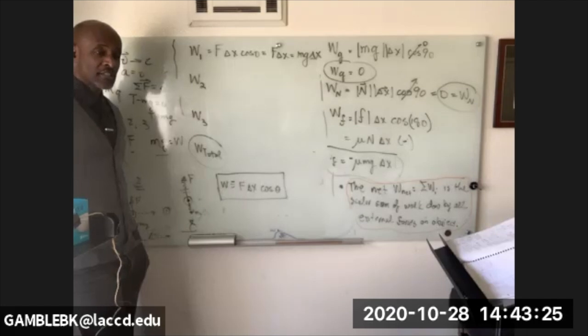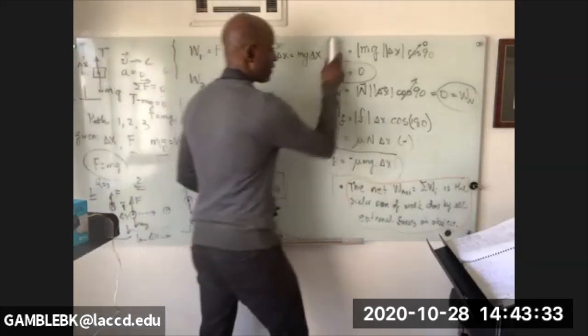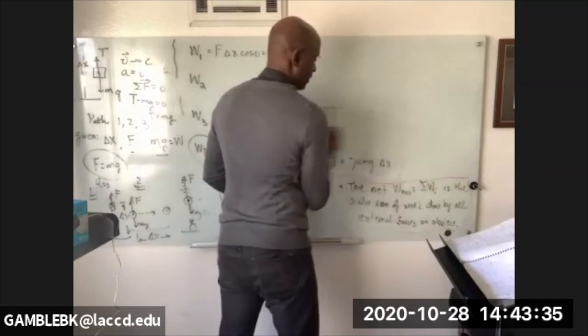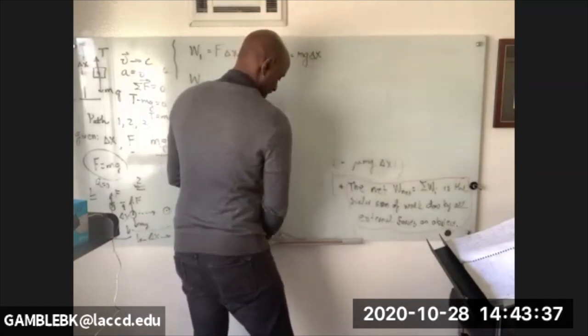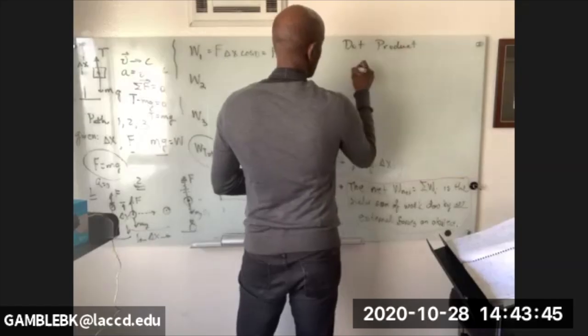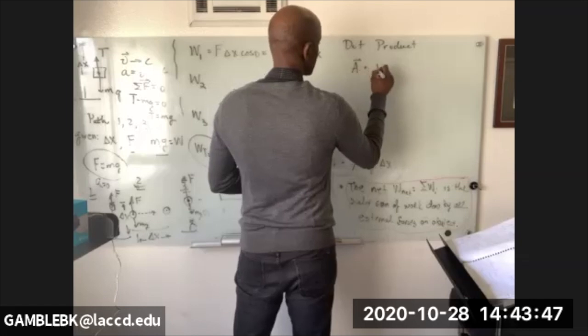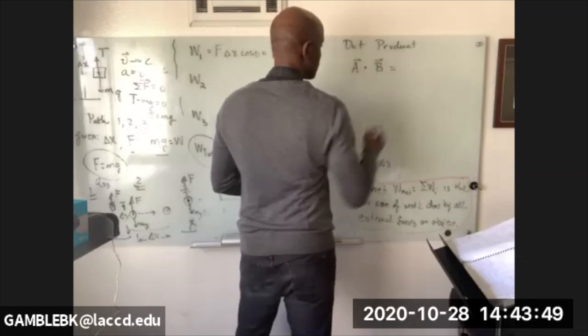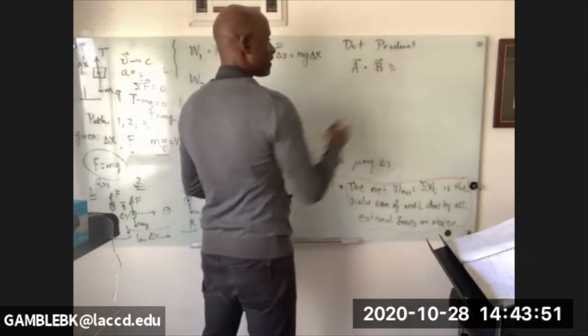What's the definition of a dot product? If you have a product of, just choose some arbitrary vectors A and B, the way you write it is vector A dot vector B. What does that equal? What is the definition of that?